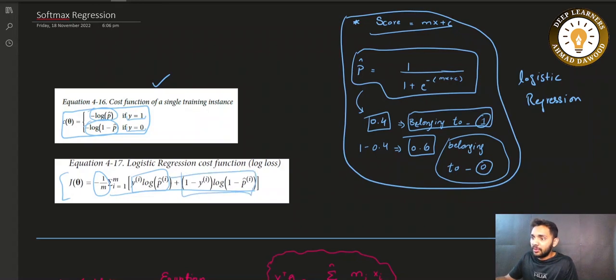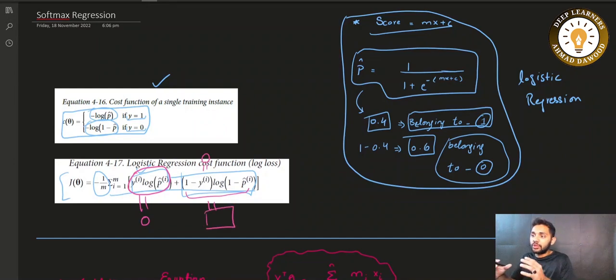If the sample belongs to one category, this block will be used, and the other term becomes 0, because 1 minus 1 is 0, which makes that term equal to 0. In the opposite way, if the sample belongs to category 0, then y is equal to 0, this term will be 0, and this one will remain.